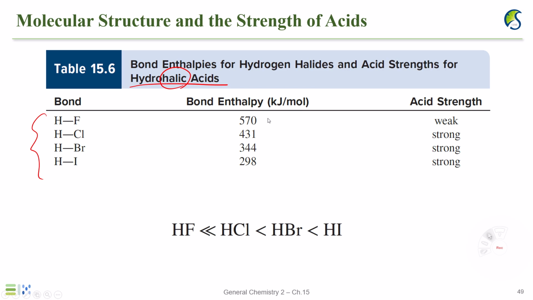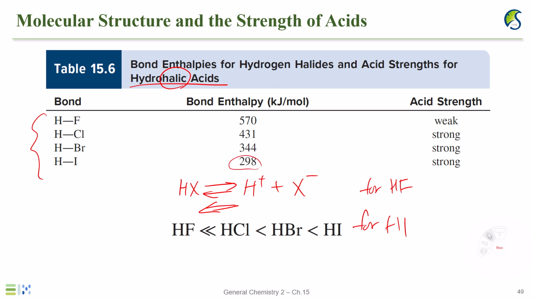So if the bond strength is stronger, it means that it's relatively more difficult to detach the proton atom, right? So for these chemical reactions, deprotonation reactions, for HF the chemical equilibrium tends to lie a little bit to the left, and for HI, which has the weakest bond enthalpy, this equation tends to lie to the right.